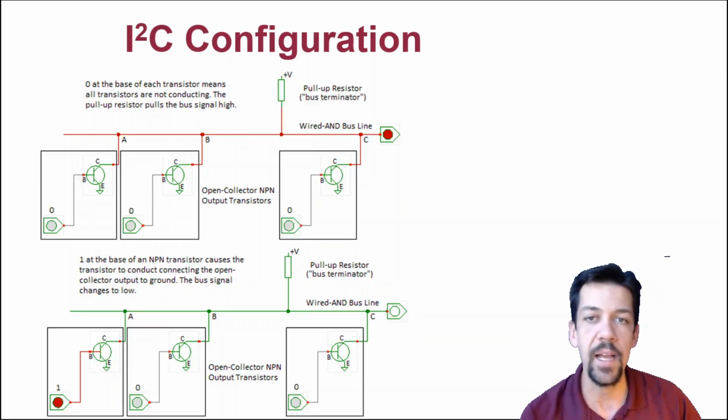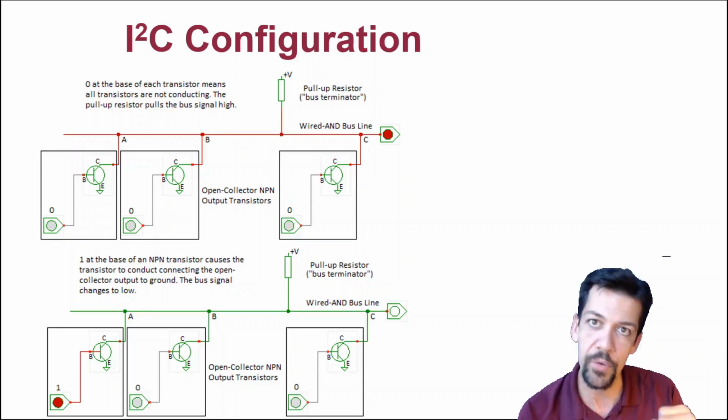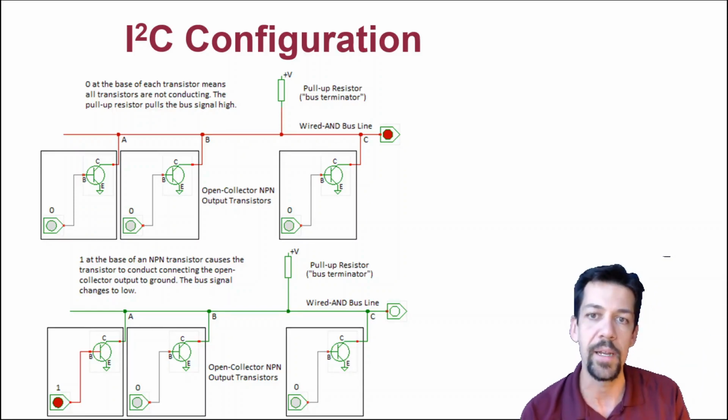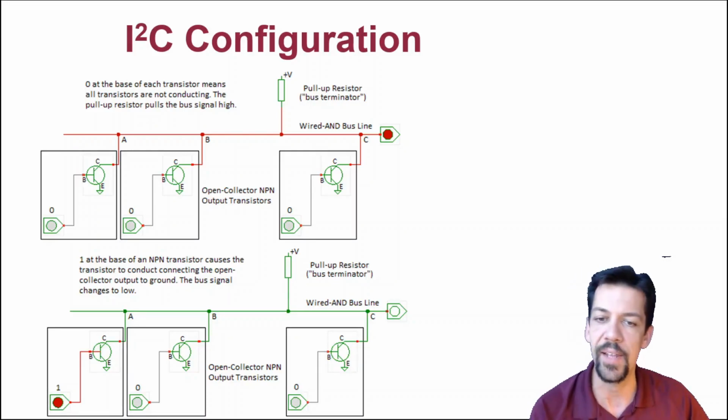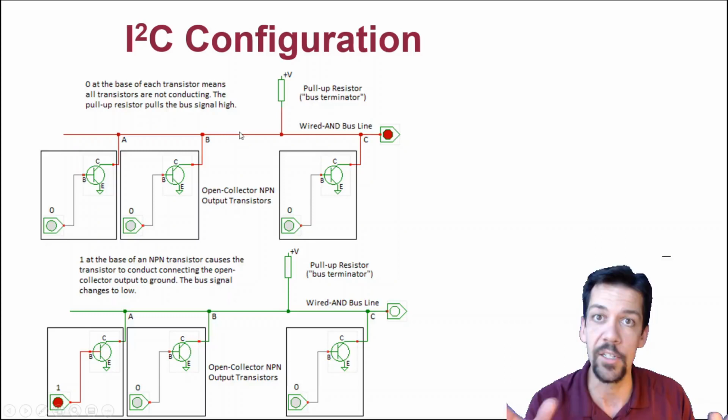So what this does is it allows any device that's on the bus to pull the line low when it needs to, and initiate communication. And we share both the clock and data lines with everybody. So in this case, the pull-up resistor is pulling everything high, and none of the devices want to talk, so it's idle when it's high, and it stays high.